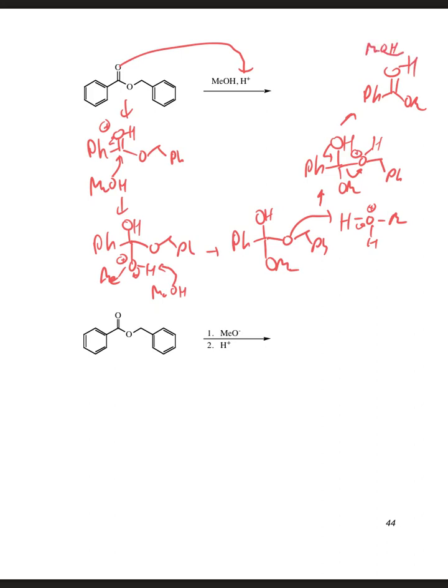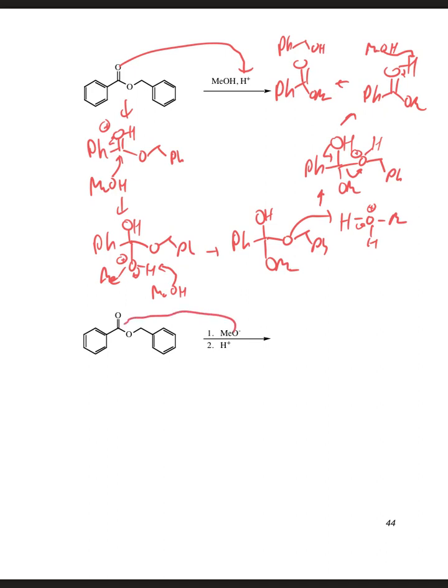And then remove our extra hydrogen to get us to our methyl ester. And we also have that benzyl alcohol around that we formed 2 steps back. Okay, that's acid catalyzed, a lot of proton transfers.